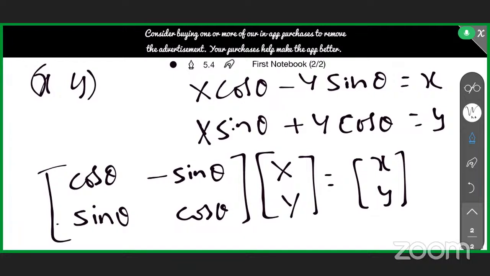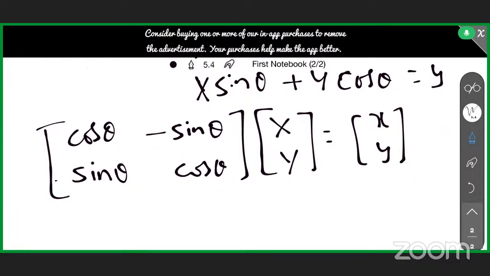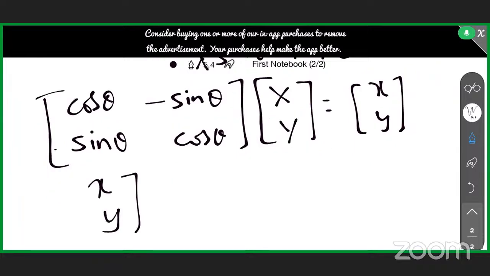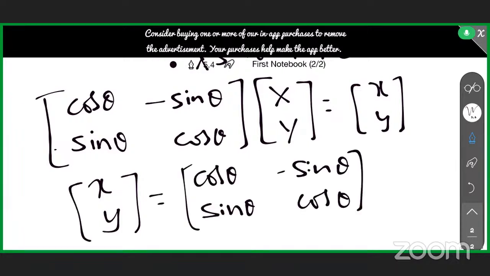If I want to write it the other way, this will be x y, then cos theta minus sin theta, sin theta and cos theta. Sir, your voice is not clear, sir. Your voice is breaking, sir.